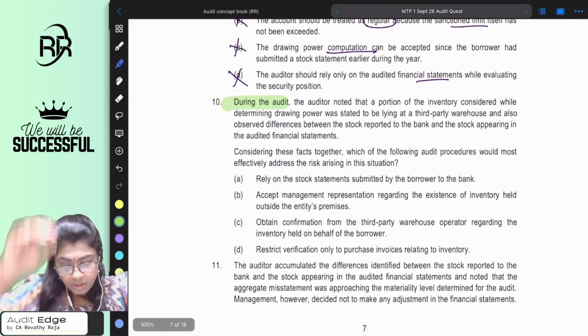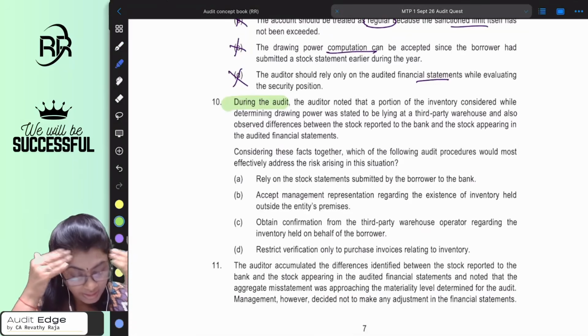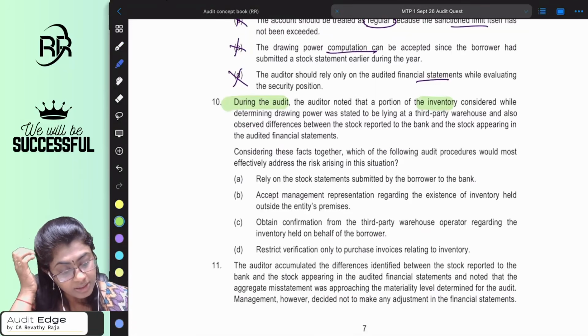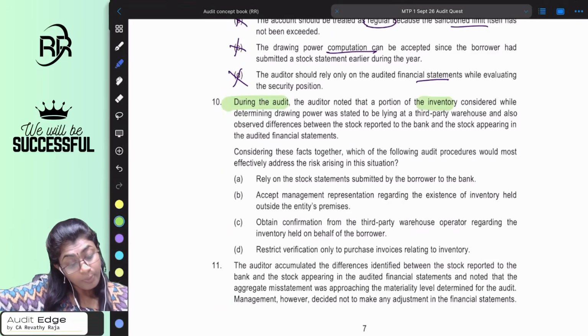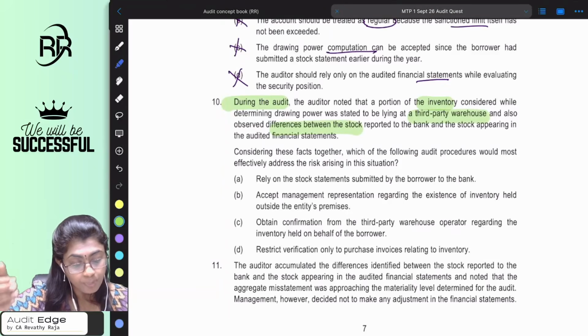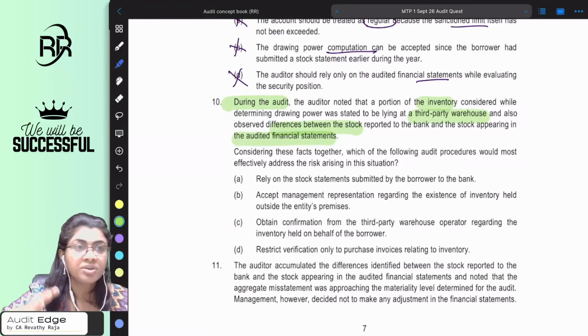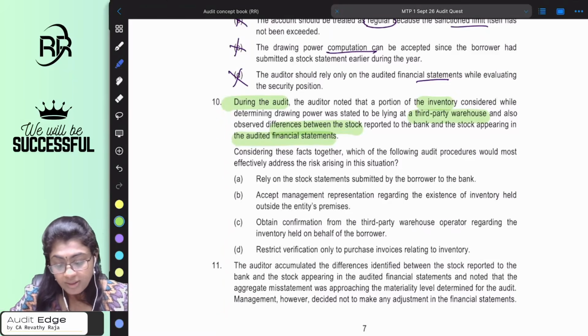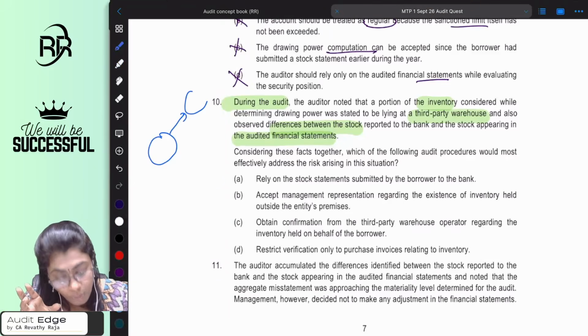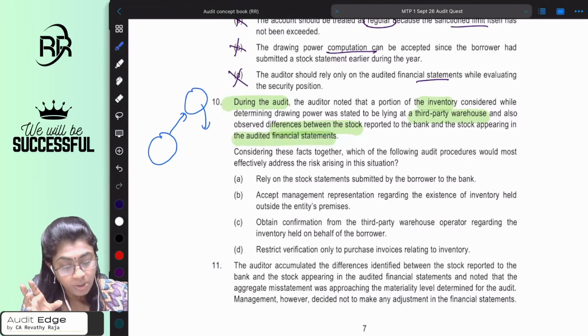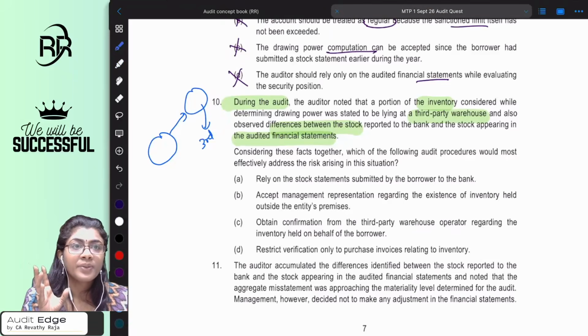During the audit, the auditor noted that the position of inventory considered while determining the drawing power was stated to be lying at the third party warehouse, and also observed difference in the stock reported to the bank and appearing in the audited FS. See, think from this point. You are the auditor of a bank, borrower has the stock. This stock is lying with the third party.